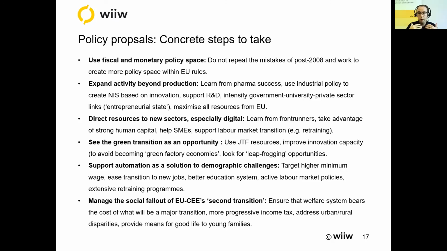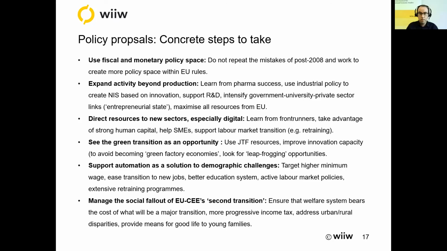And this is, again, a reason why we try to frame this as a second transition, to really think about this. You know, the region 30 years ago went through one really wrenching, in many ways, traumatic transition. This is also a transition, a real structural transition that the region is going to go through, and the social costs have to be much more taken into account.